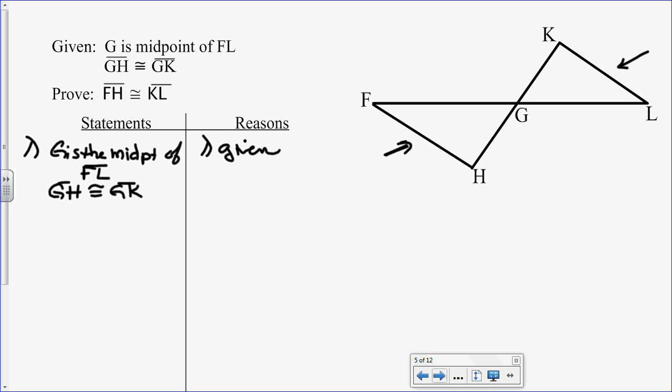So we're marking up our diagram. If G is the midpoint of FL, here's FL. Segment FL is this long segment. They told us that G is the midpoint. What does that mean? It splits that into two equal segments. Those two equal segments are what? FG and GL.